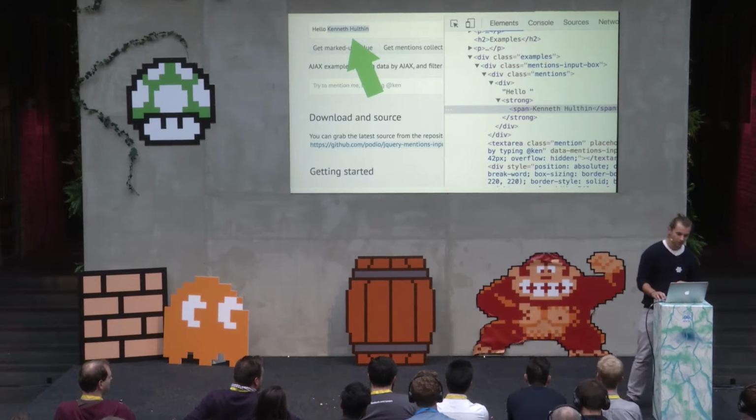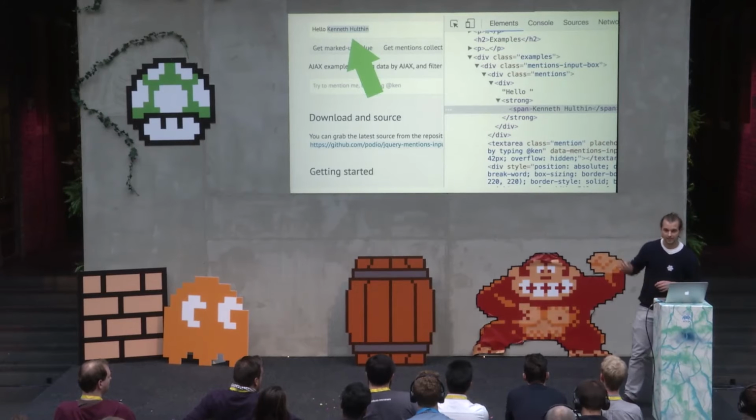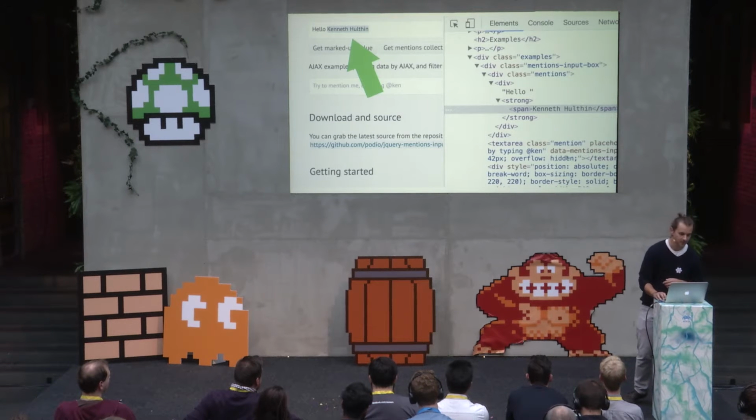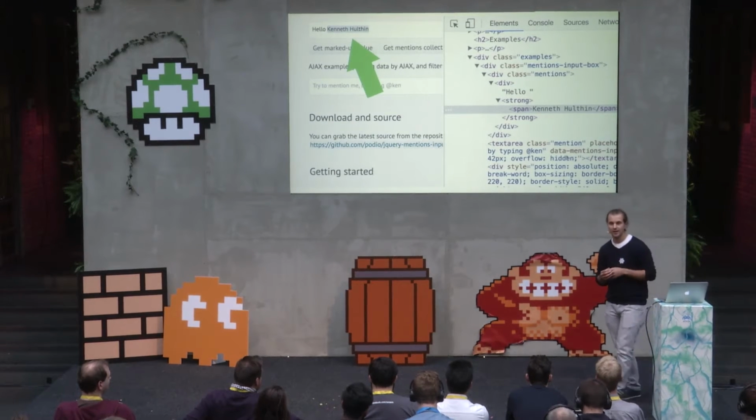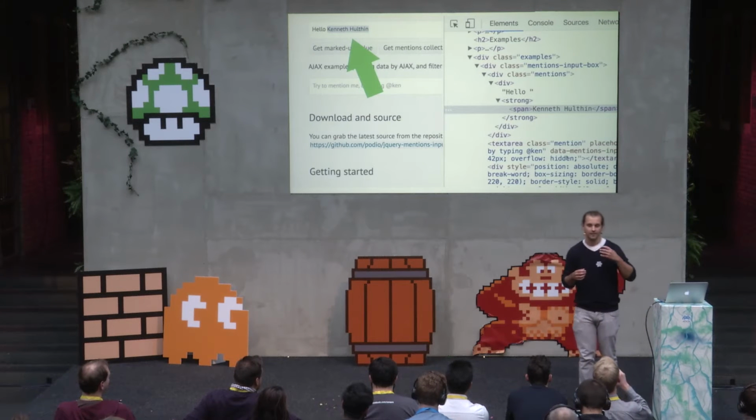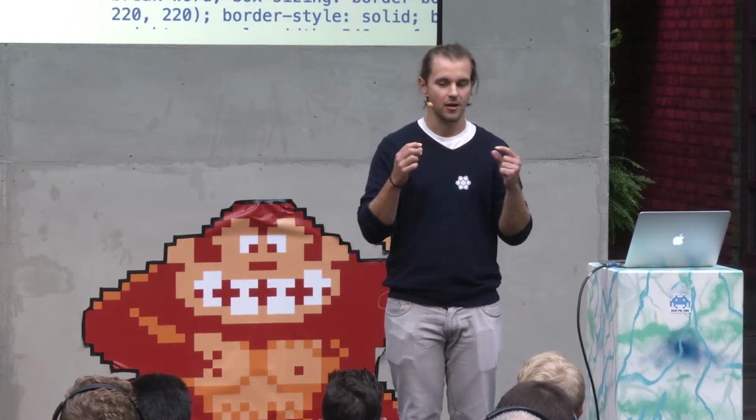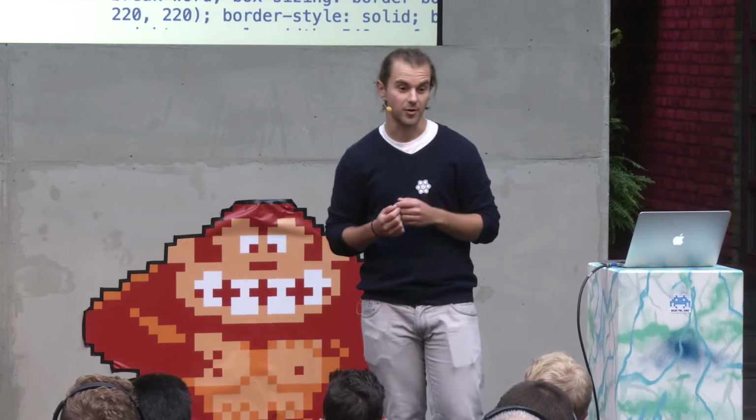So you could go in there and type. I typed here, hello Ken. Actually, you can't see it here. But in the end, what happened is that this plugin overlaid the mention after I auto-completed, and that's pretty cool.